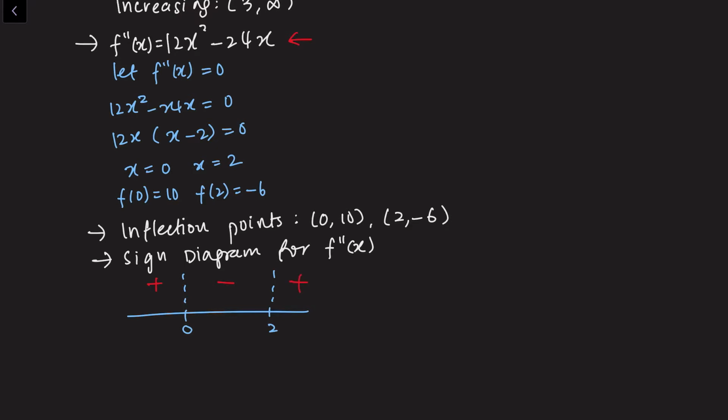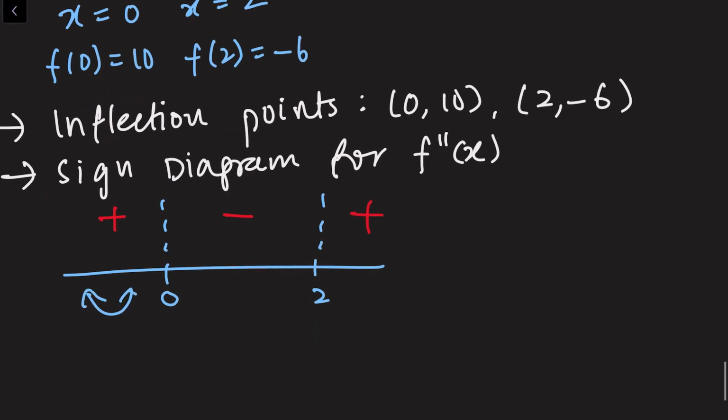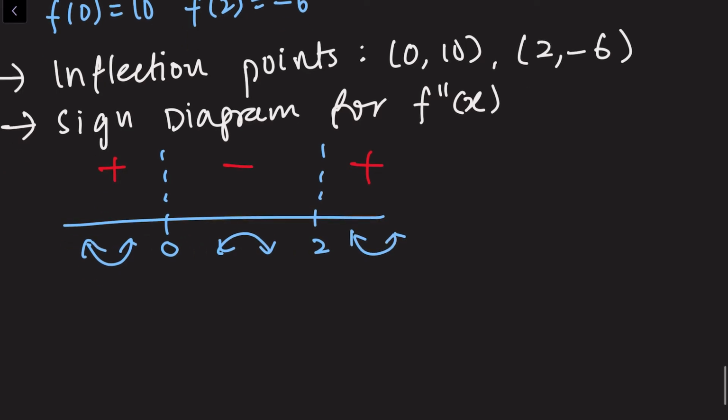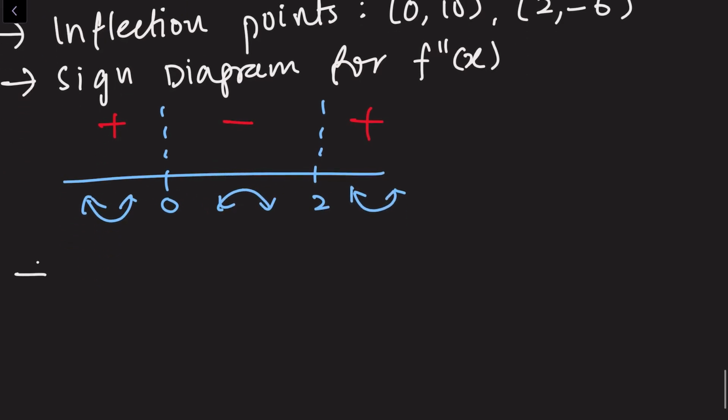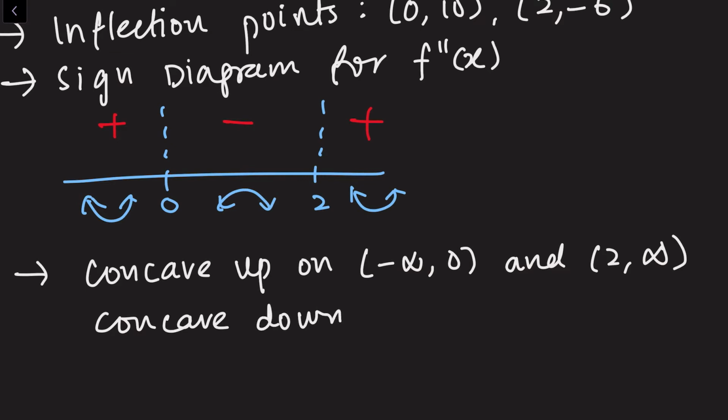Okay, means it is concave up, down, then up again. If you like, you just write down the interval. Concave up on negative infinity to 0 and from 2 to positive infinity. Concave down on 0 to 2.